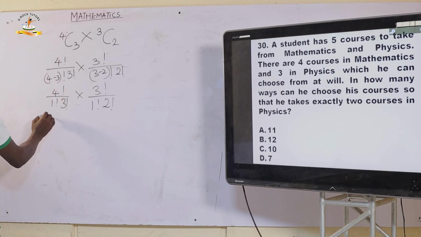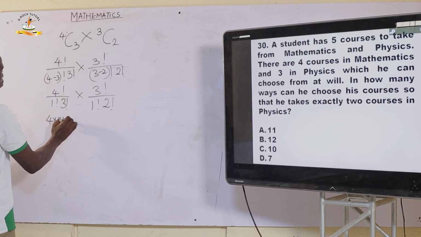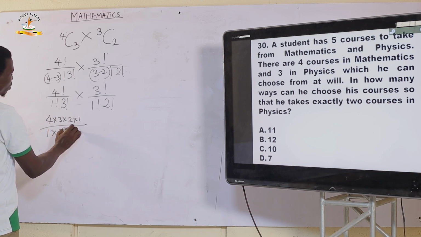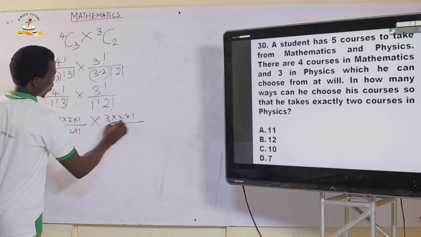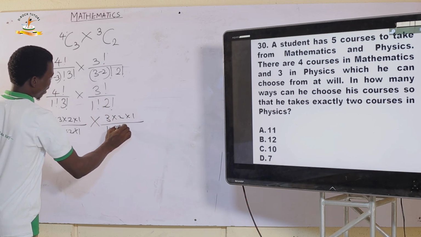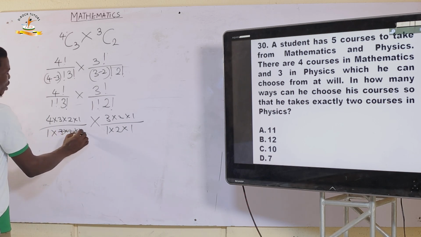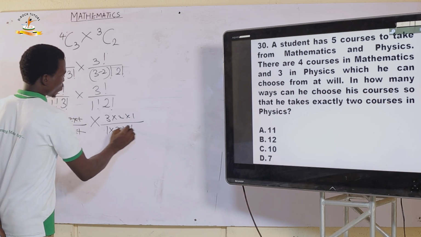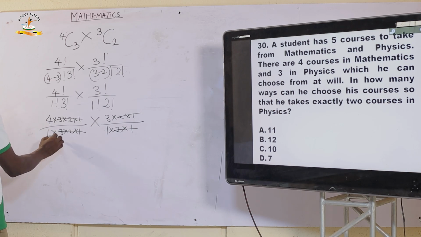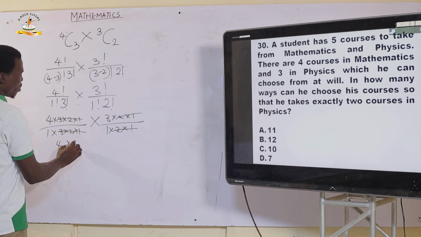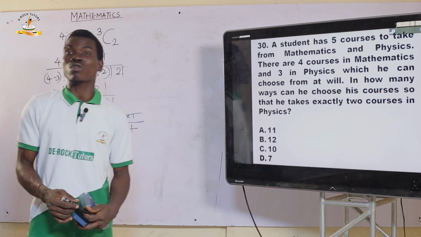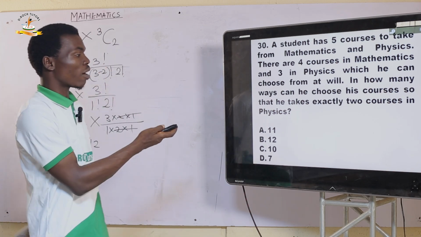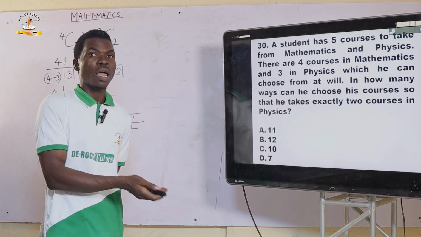And here is going to be 4 times 3 times 2 times 1 all over 1 times 3 times 2 times 1, times 3 times 2 times 1 all over 1 times 2 times 1. And we see this 3 goes up and this 2 goes up. And we are left with 4 here multiplied by 3, and this is 12. Meaning this is only achieved in 12 different ways. So our right option is going to be option B.